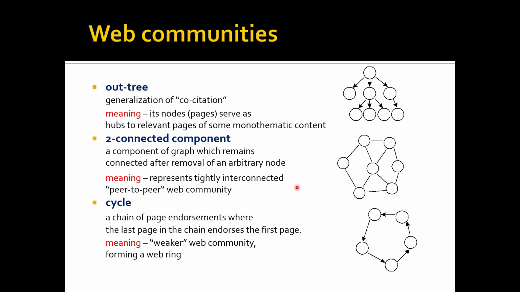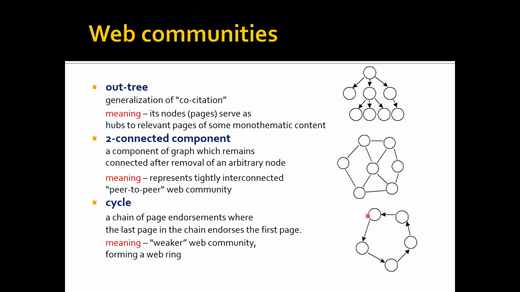And the last fragment I want to show here is a cycle, which is quite a weak structure observed within a graph, because it could be discovered in very many instances in the graph. But still, it could be recognized as a community.